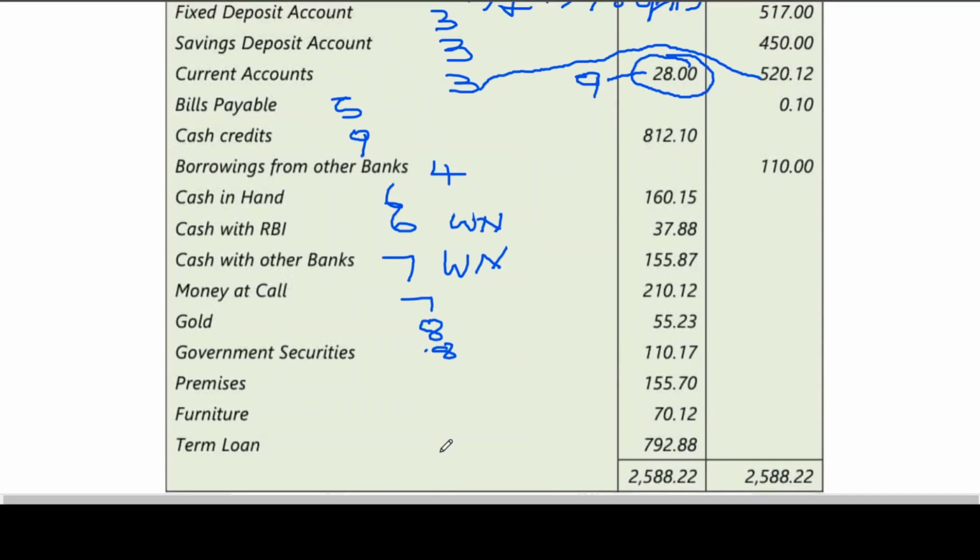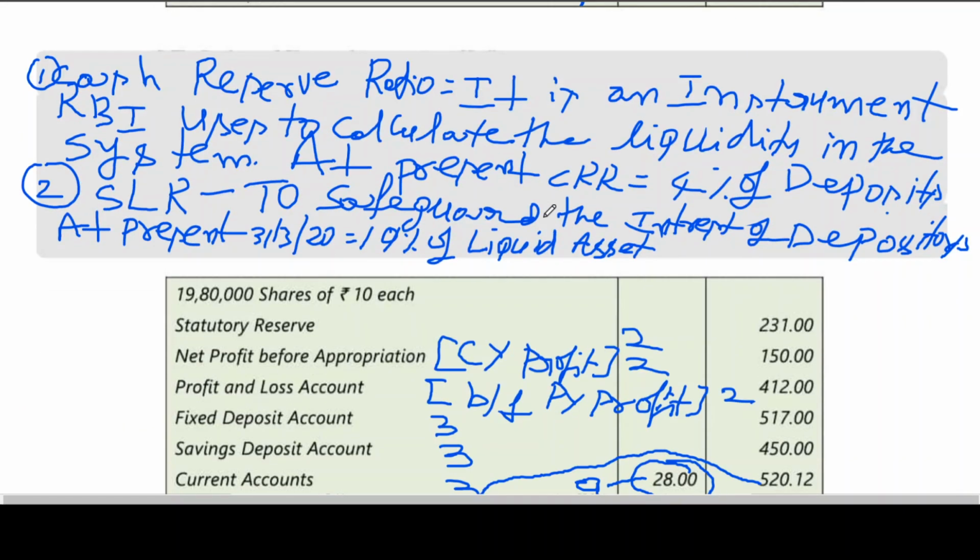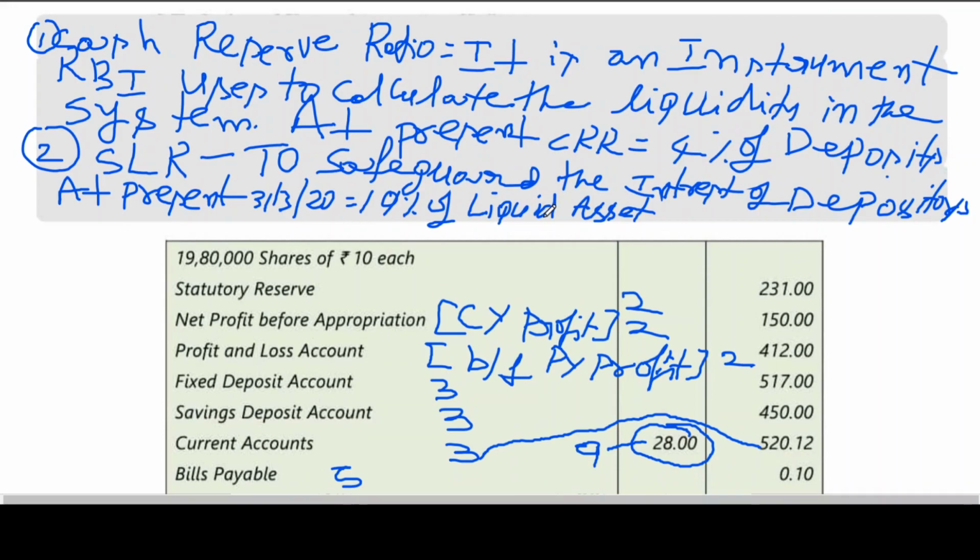Then premises, Schedule 10. Furniture, Schedule 10. Term loan, Schedule 9. Is this clear? So you can go through it quickly. Share capital, Schedule 1. Statutory reserve, Schedule 2.